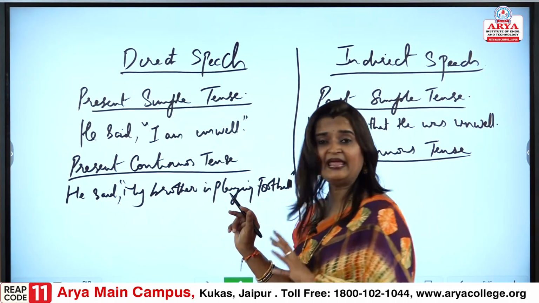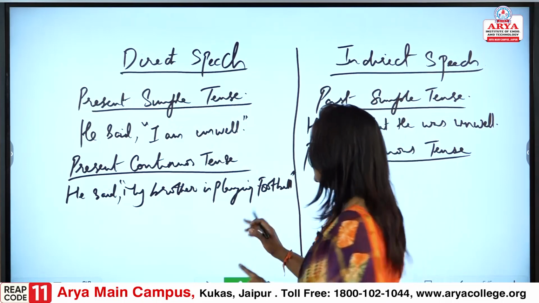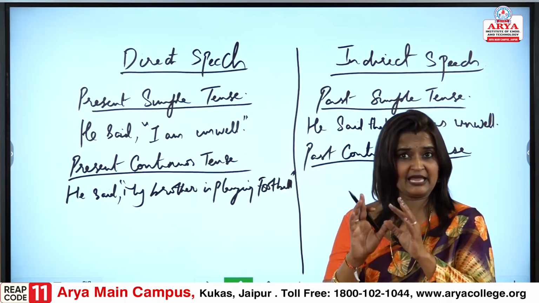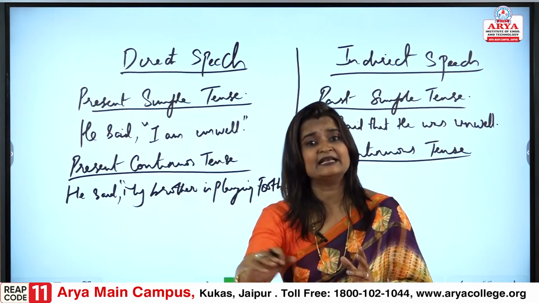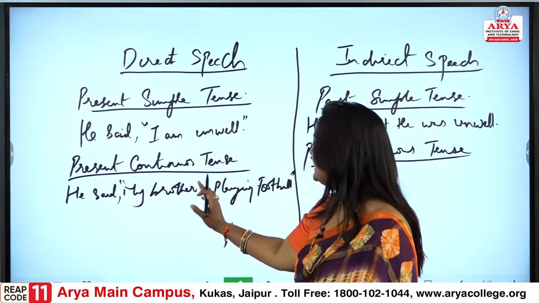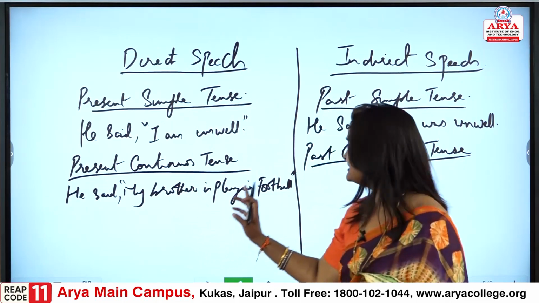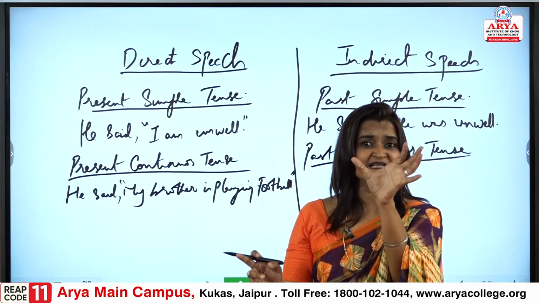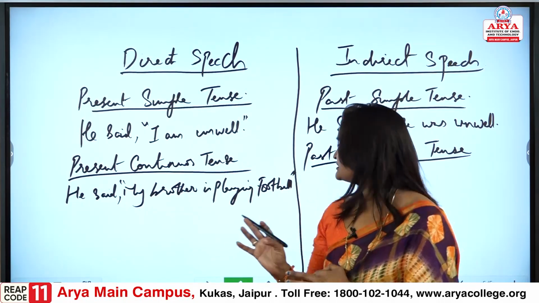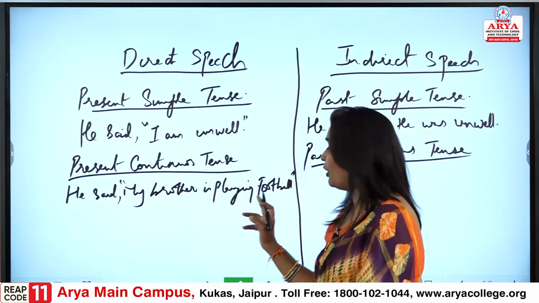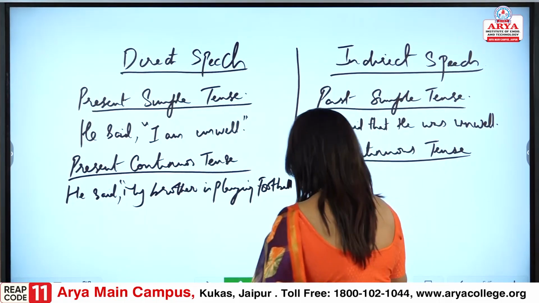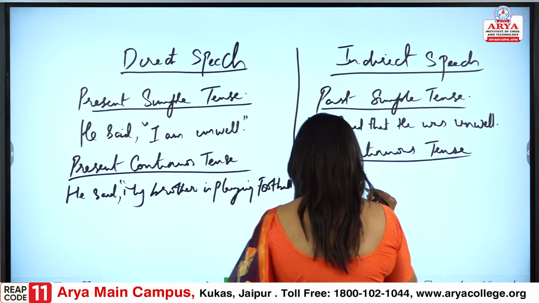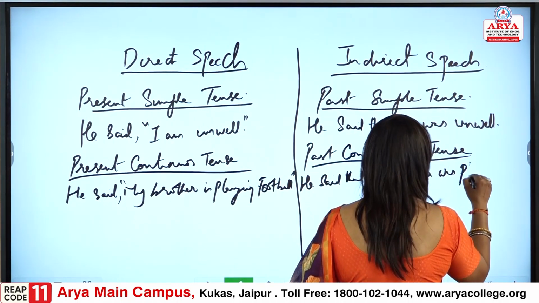This is present continuous. It started in the present and yet it is continuing, so we are calling it present continuous. When it came, is playing, it is present continuous tense. Now, when we are talking in the past, he said that his brother was playing football.